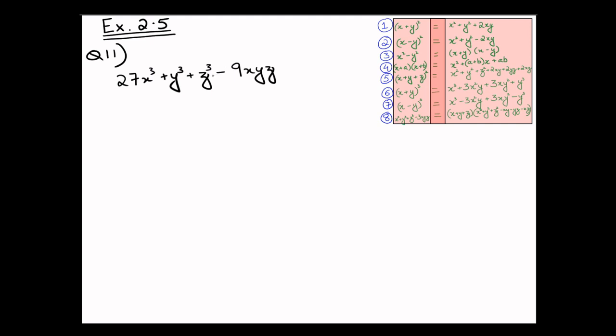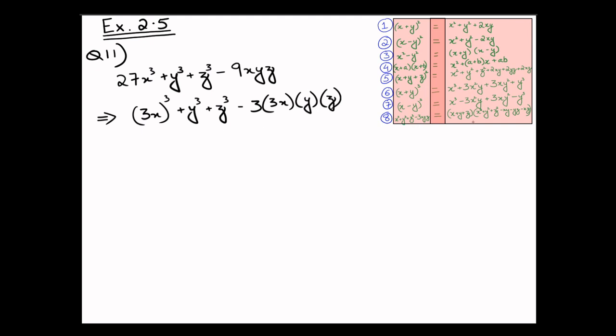Now immediately I can think that this has three variables and it has a cubic power or degree 3, and hence I can use identity number 8 to solve this. So putting it in a form where I can use this identity, this becomes 3x whole cube plus y cube plus z cube minus 3 times 3x into y into z.